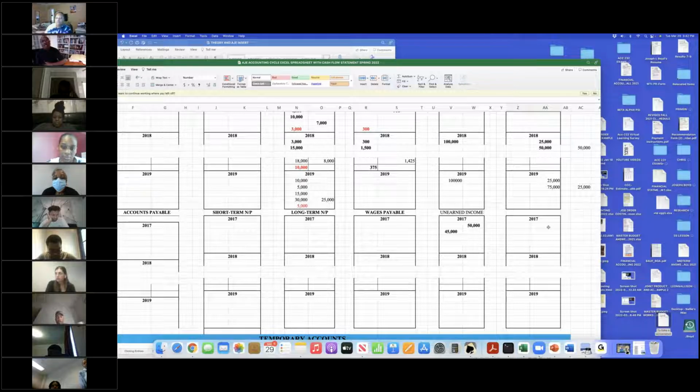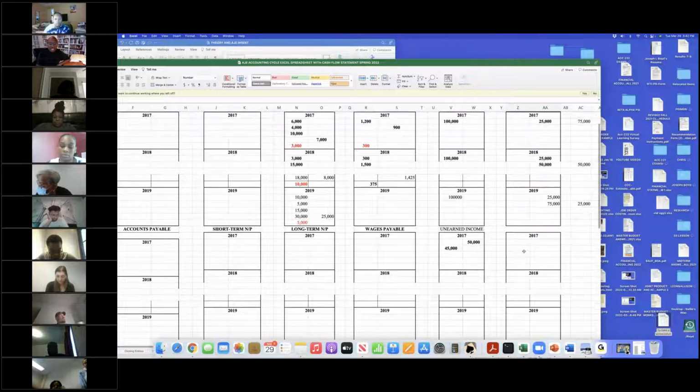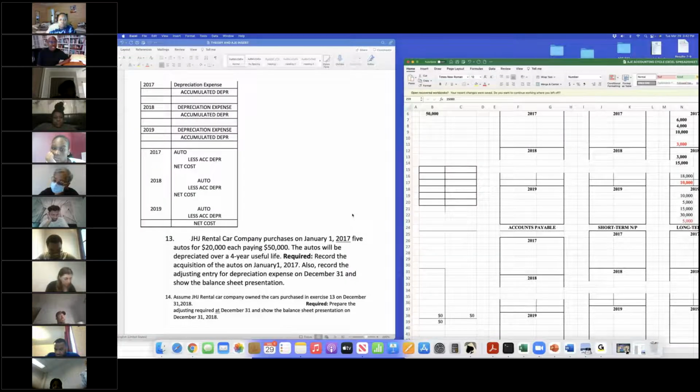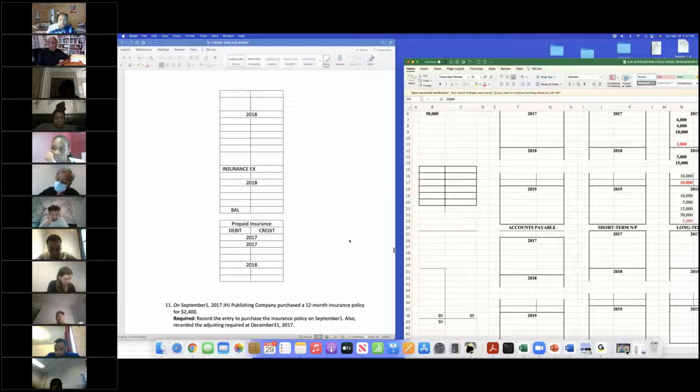So next time we will review quickly those remaining prepaid expenses, and then we'll go on to those last two, which are accrued revenue and accrued expenses.